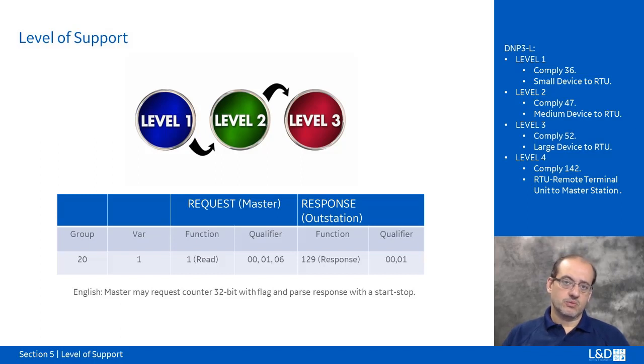And what you will find is that this is the maximum, or the level 4 as of today. There will probably be new levels introduced in the future, and the simplest level was a level 1 device, and in a level 1 device the support was only for 36 basic messages, right? So the levels change. At the end of the day, let's not forget the aim of the protocol is to transfer data and information.